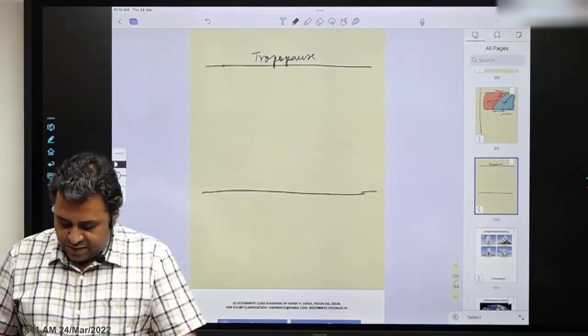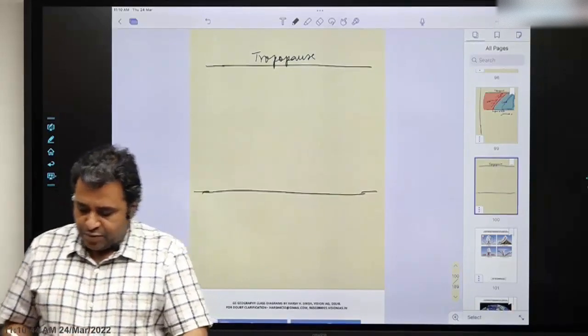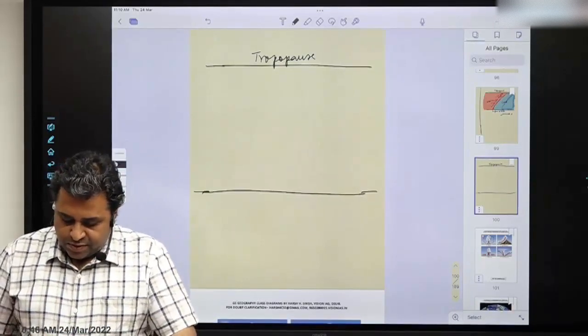ठीक है, so please see कि ये कैसा आपको किस orientation से ऐसा दिख रहा होगा.